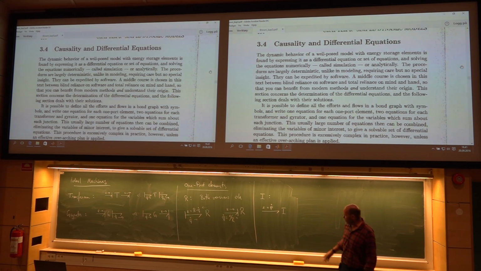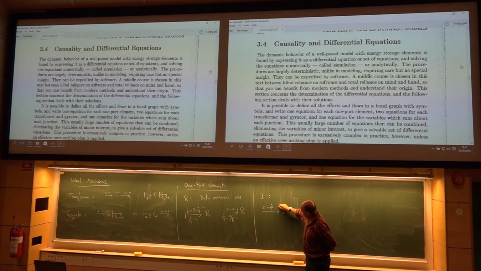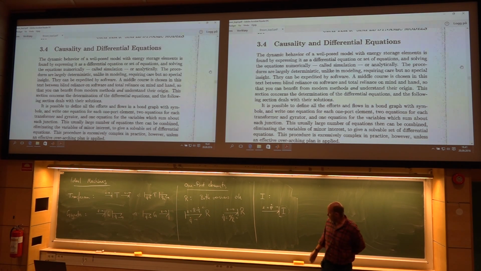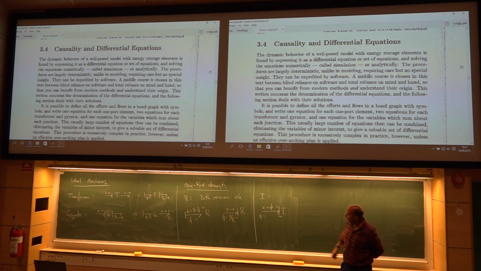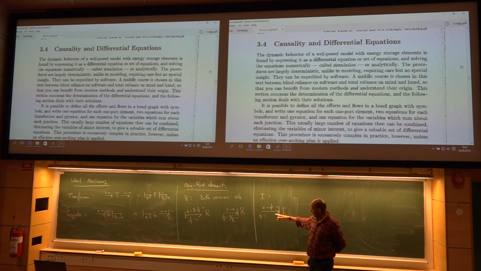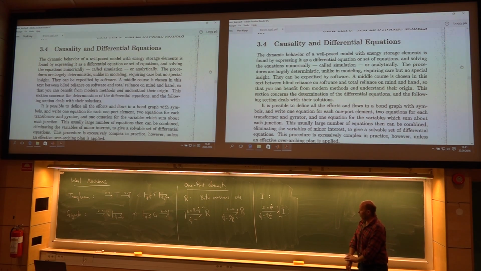That is the one that should hit the element. So I would actually prefer to have it like that, because if this effort now hits this one, goes around, it responds with a flow. What is this flow? A Q dot equals, and now we'll actually have the time integral of this effort. So you just remove the dot here on this P. It will be P divided by I. This is what we will prefer.